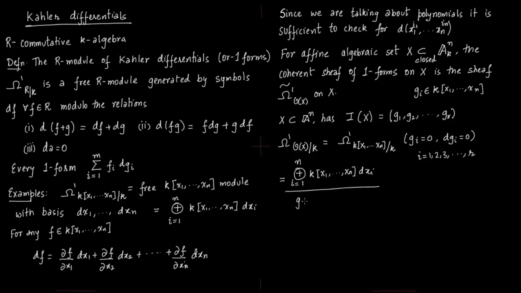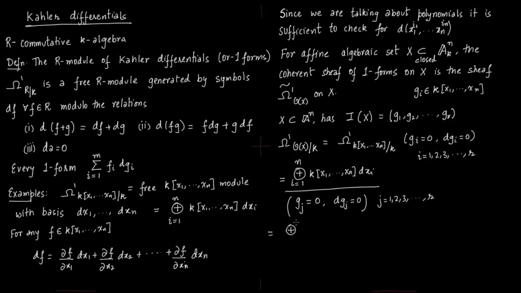Instead of g_i, I will write g_j, because in the direct sum I am taking i equals 1 to n. The numerator we have just copied from the left hand side of the slide, and the denominator is precisely because all these polynomials vanish. Just like we modulo out from a ring, here we modulo out from the Omega 1. Till now everything is simple.